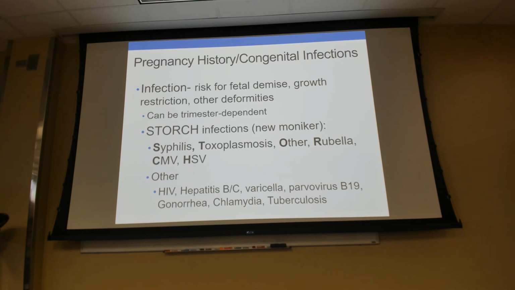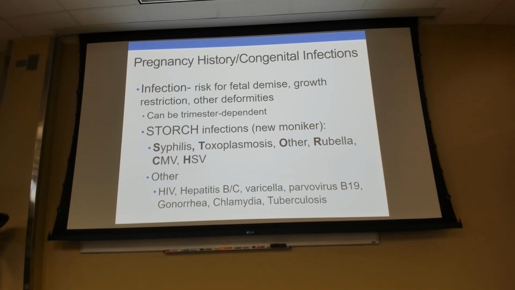And we will talk about specific ones that are trimester dependent. So it might not be a big deal at all if at 37 weeks you get rubella, but it's a really big deal at 16 weeks if you do. So time dependent things are going to matter, and I'll give you specifics on that as we get there. So trimester dependent, these STORCH infections are the ones that are the most common, or the most predictable, and I'll tell you what I mean by that.